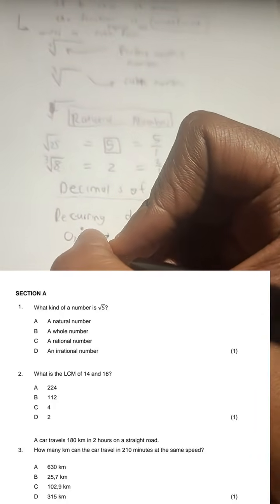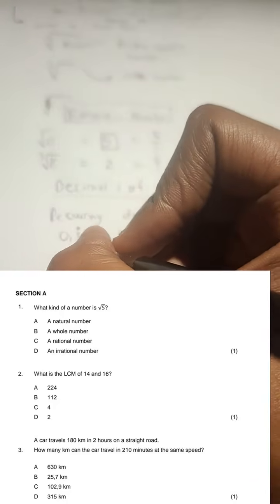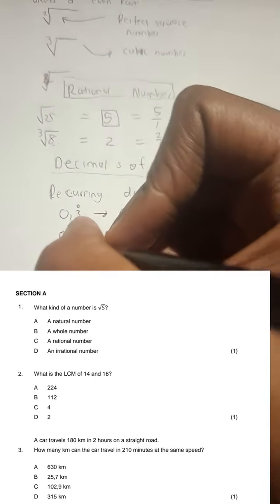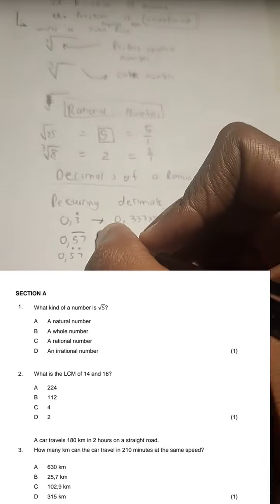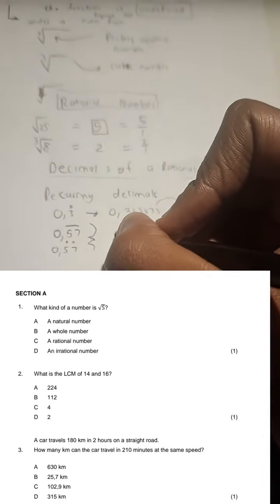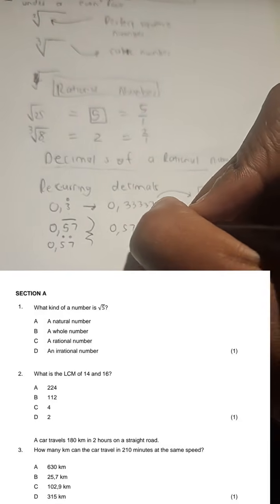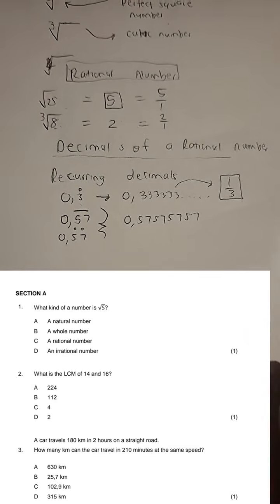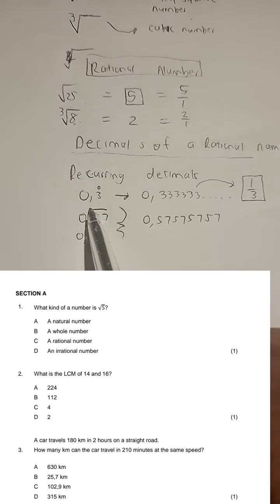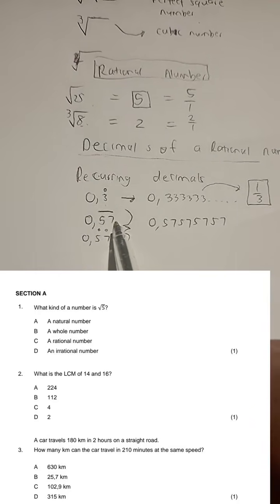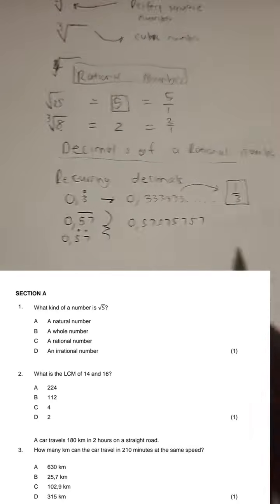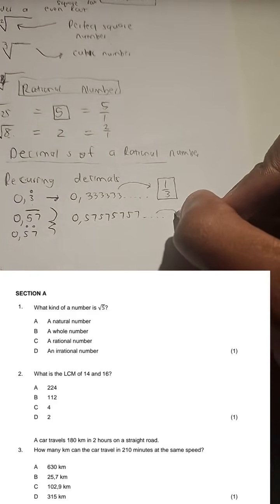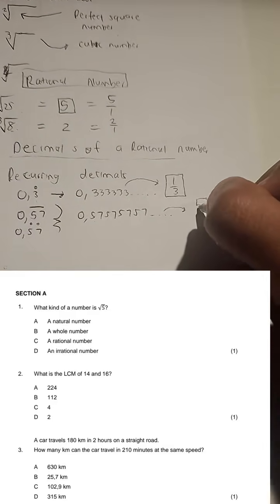Let's look at another example. 0.57. Let's say they put a line like this, or they put a dot like that. Both of these mean that 0.57 repeats itself infinitely. Whether there's a line above the two numbers, it means 57 repeats infinitely. This can also be converted into a particular fraction.